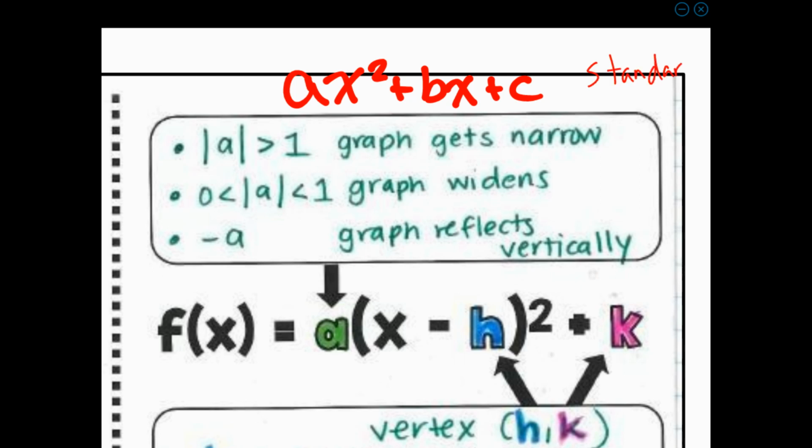What form are we going to be talking about today, though, according to the handout? Vertex form. However, in both forms, the A does the same thing, no matter which form it is in. The A still tells you the same thing.